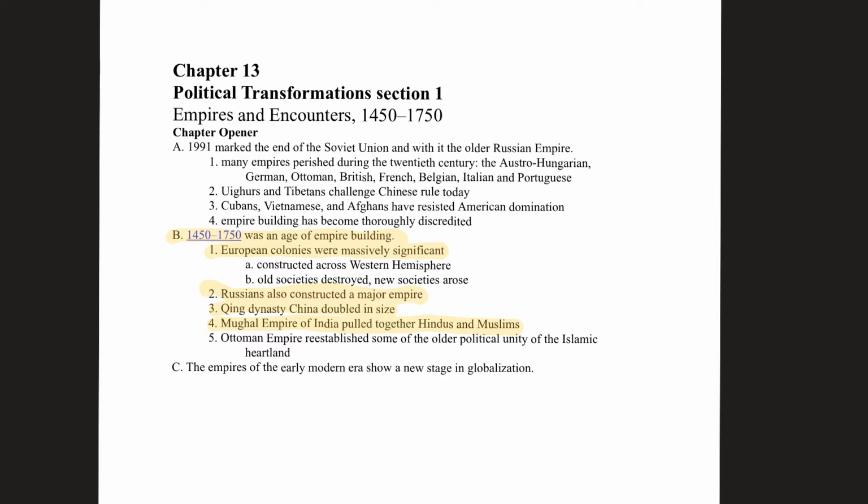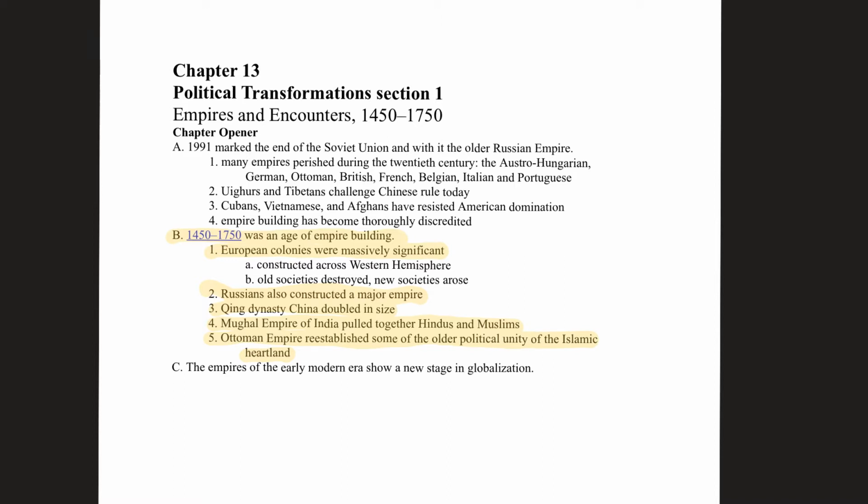You'll see that there are going to be some successes and a lot of failures because of the difference between the two religions. It's going to really be an overwhelming work to try to get those two groups to agree with one another. And finally, the Ottoman Empire is going to reestablish some of the older political unity of the Islamic heartland. This is going to be important for them moving forward because they will take up the mantle of being the uniter of Islam.